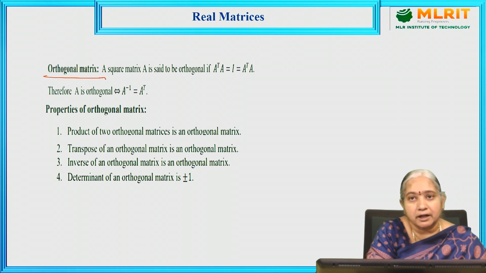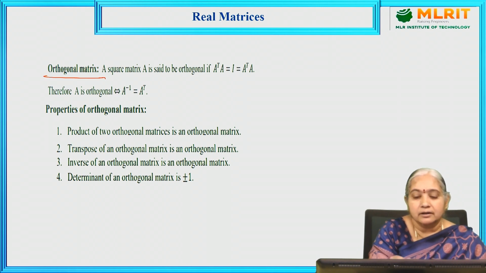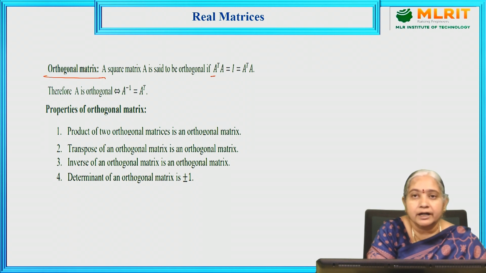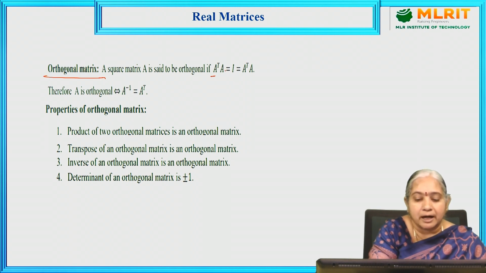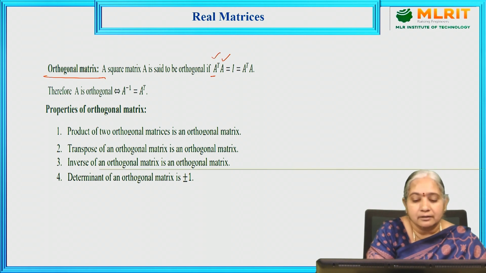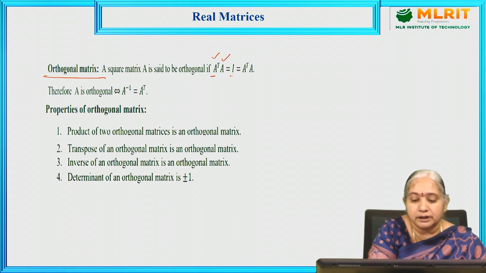In this matrix also, we find the transpose of the matrix A and find the product of the matrices A and A transpose. If we obtain the product of A and A transpose as the identity matrix, then this matrix A is said to be an orthogonal matrix.